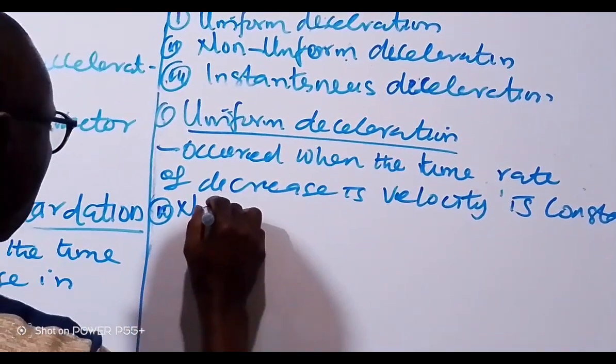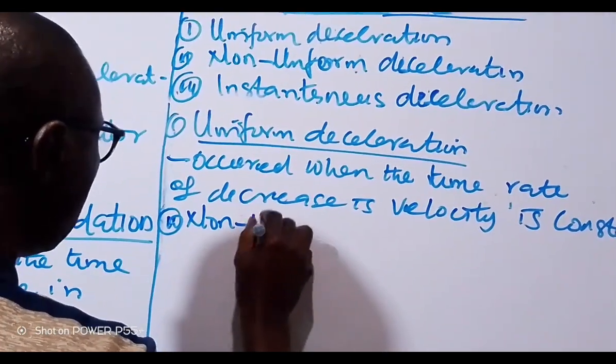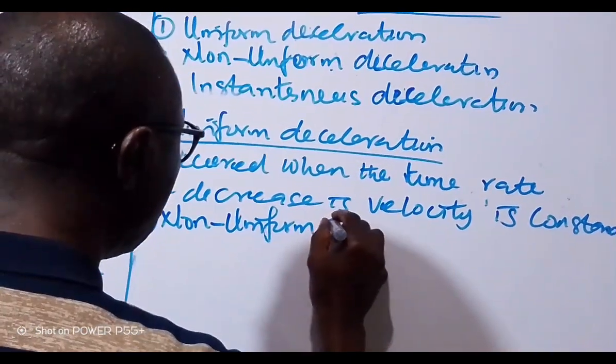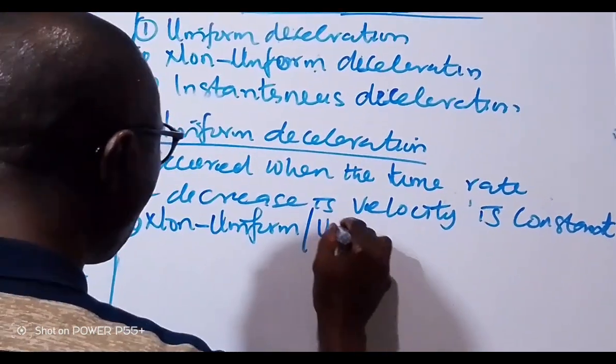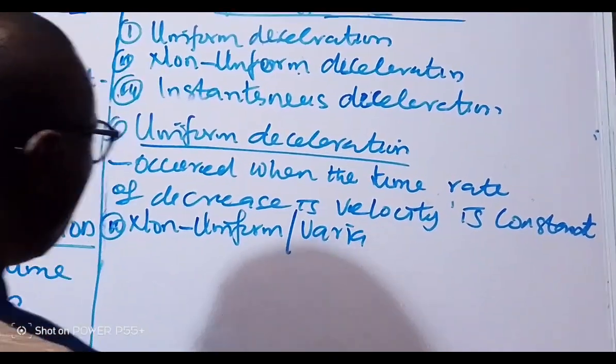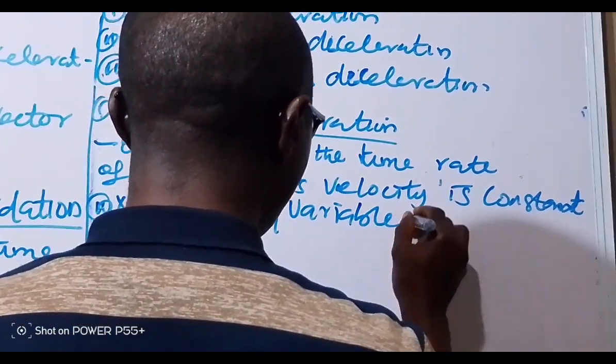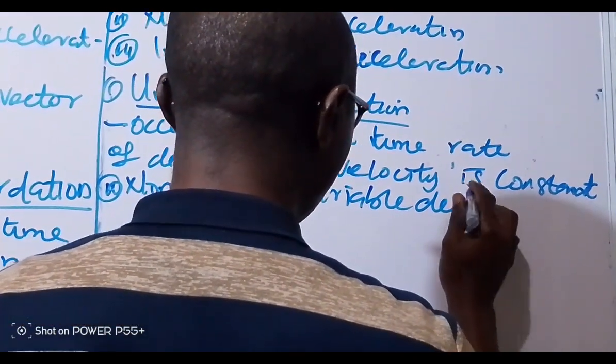Why? Non-uniform deceleration, you can call it variable deceleration.